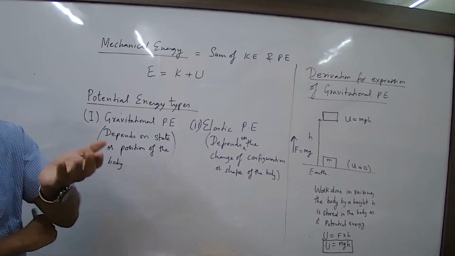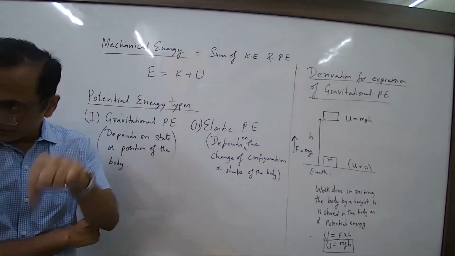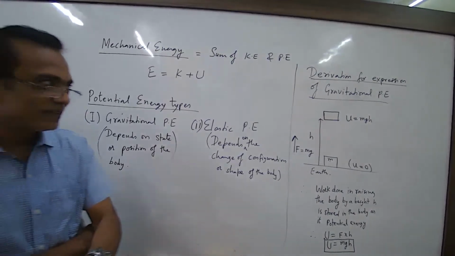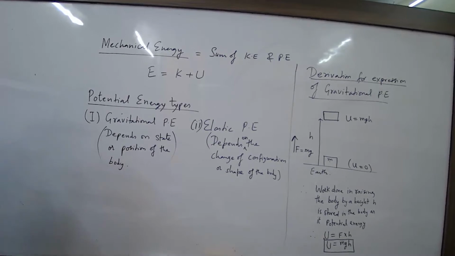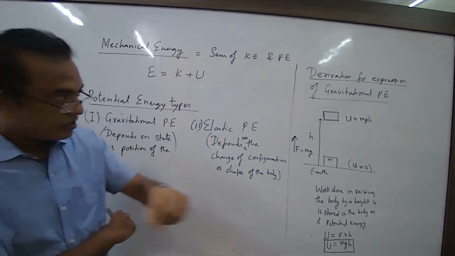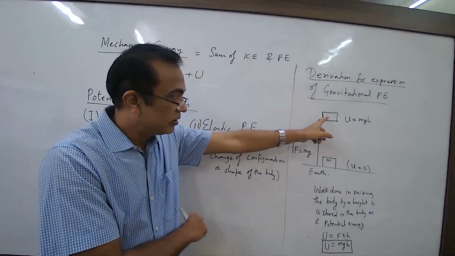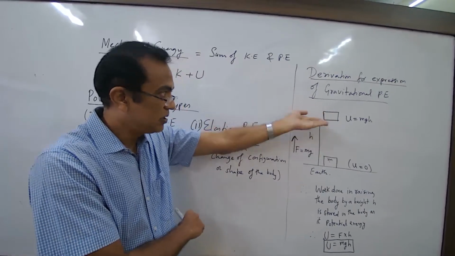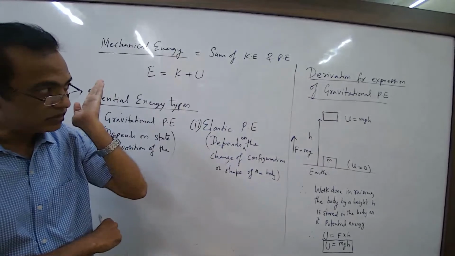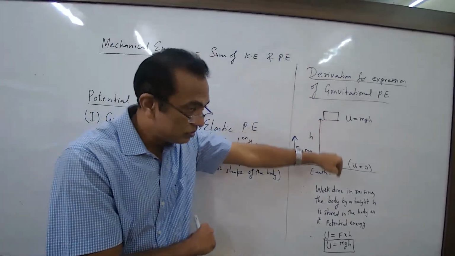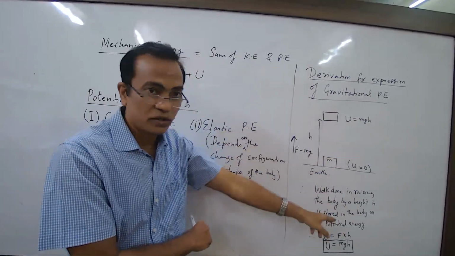This potential energy will be there as long as the body is held there with the force. And the moment you remove the external force, it will turn into kinetic energy because now it has motion.